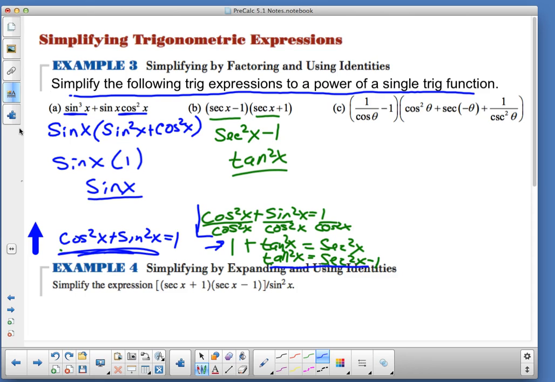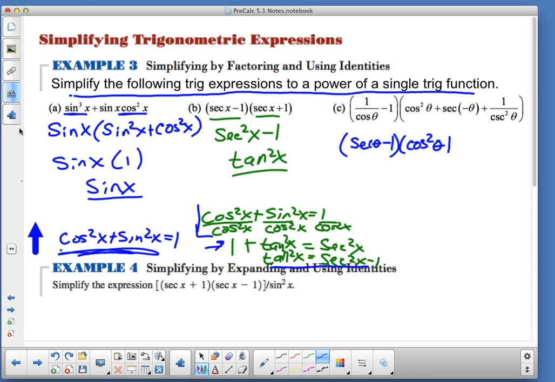And as I'm looking at this, we're going to check it out and see what we can do about making some adjustments. The first thing I notice is I see secant theta minus 1. Remember, 1 over cosine is secant, so I've got that. I've got cosine squared theta.